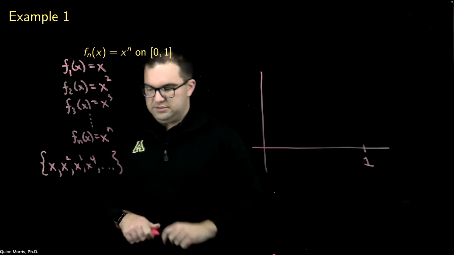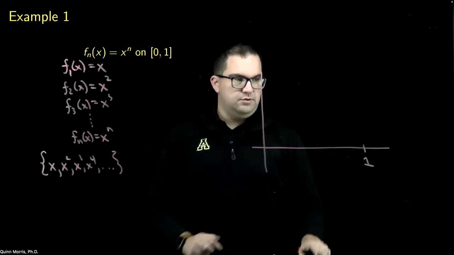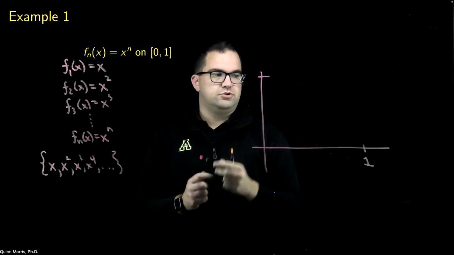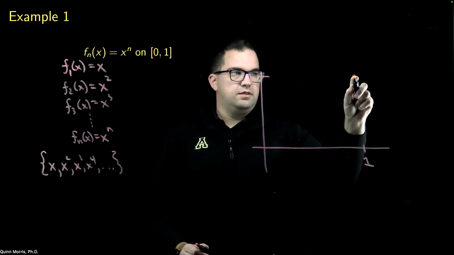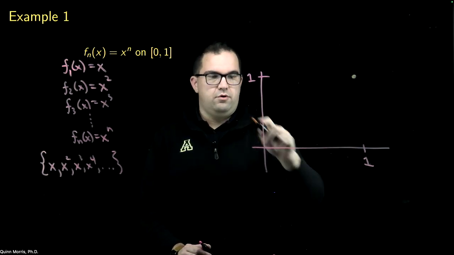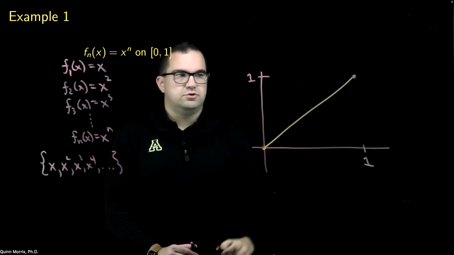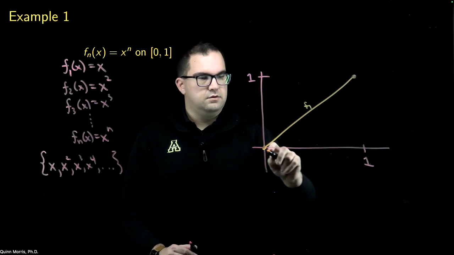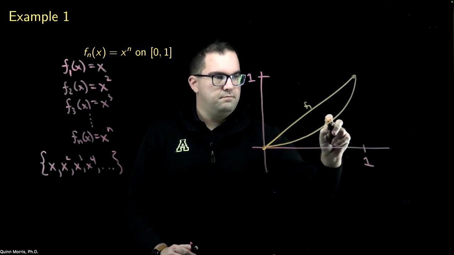So if I draw some axes over here, I could begin plotting this sequence of functions. The first function is simply going to be the function y equals x. And again, we're only working on the interval [0, 1]. My first function would be this. My second function would be like an x squared.